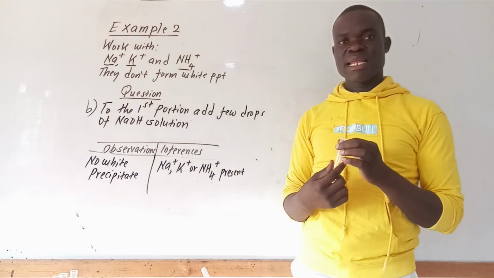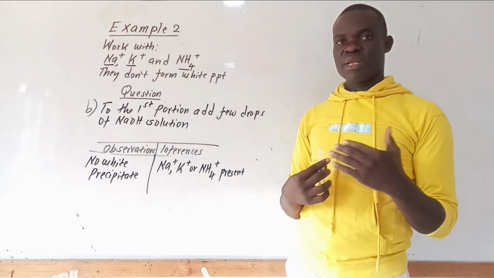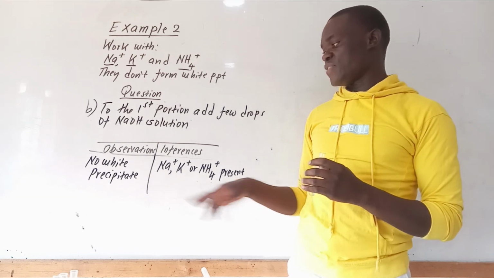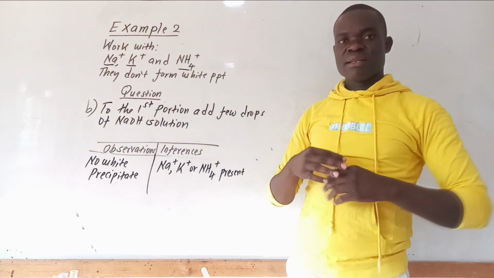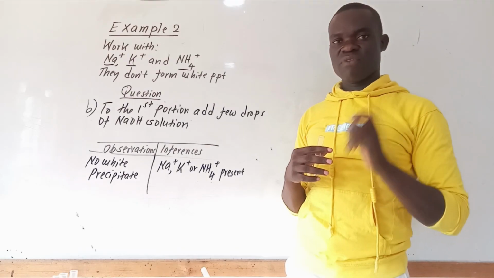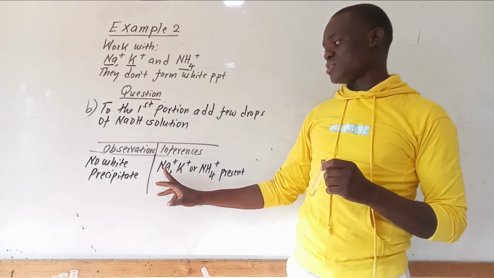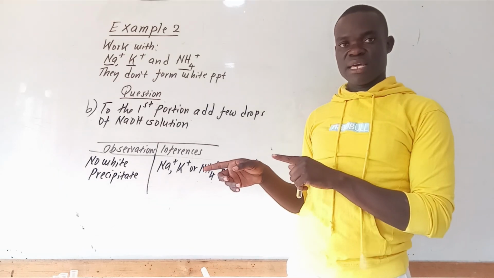So this one can be done by even burning the solid. So we know the color when this solid burns. If there is sodium ion, the solid will burn with a golden yellow flame or bright yellow flame. So we will identify sodium as present in that solution as the component of the solid.